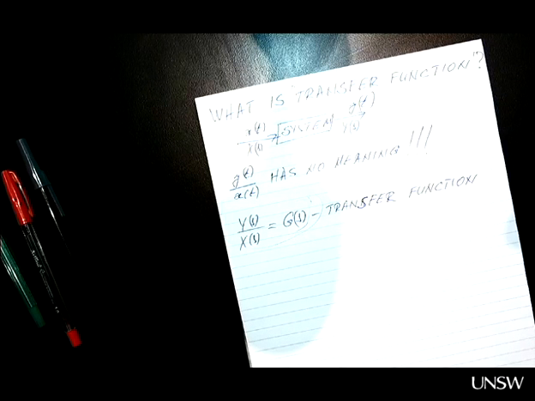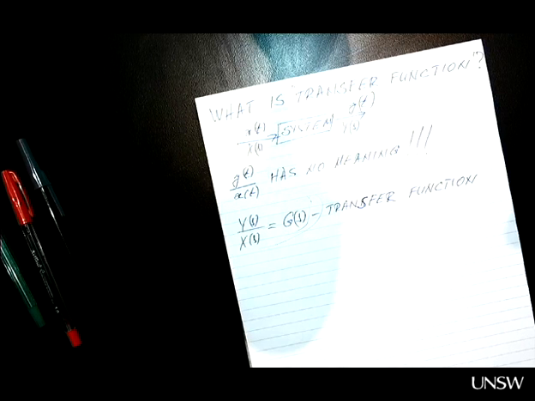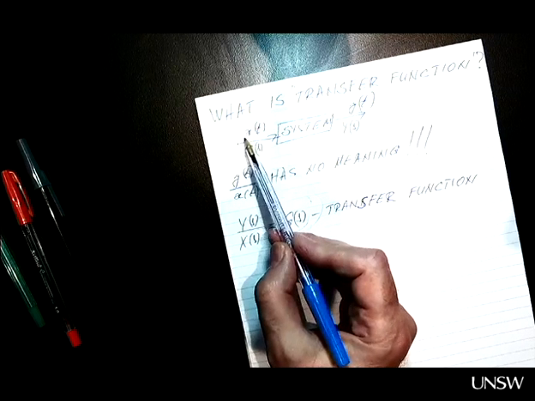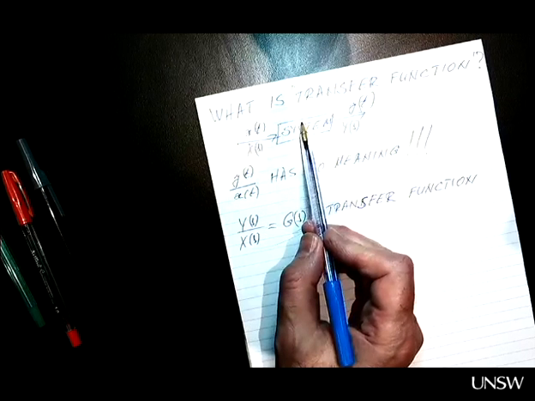The transfer function depends only on the relationship between the input and the output, any input and any output. The transfer function also does not depend on the form of the input. So no matter which function you apply as the input, the transfer function is the same. The output will change.